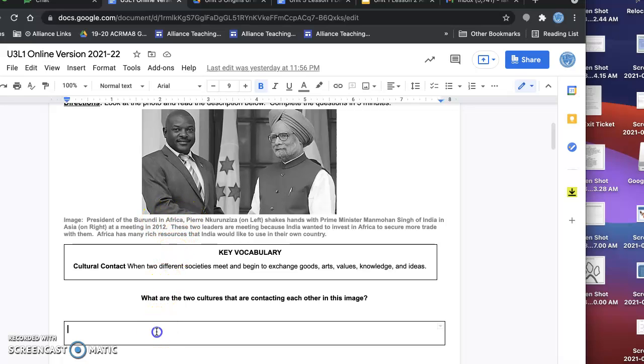You can write Africa, and then you can write India. So Africa and India are the two cultures that, I spelled cultures wrong, cultures that are contacting each other in this image.